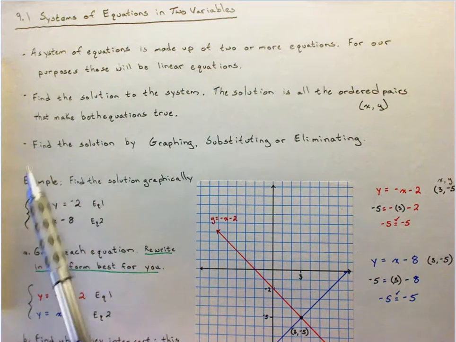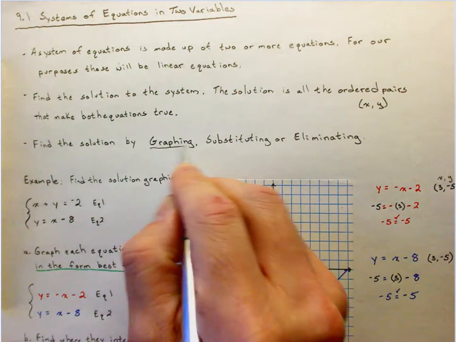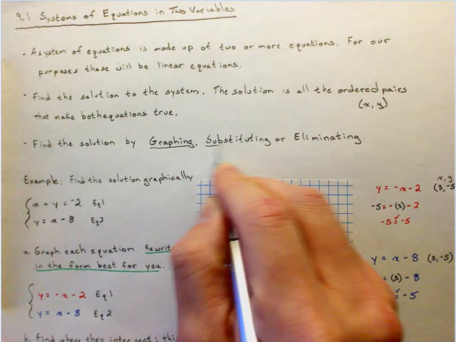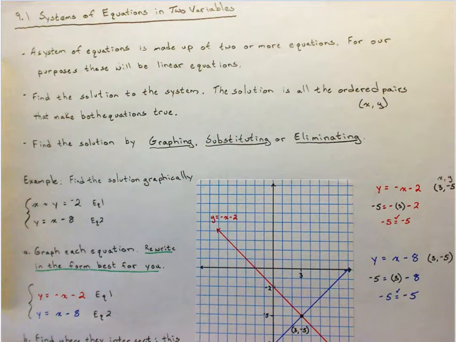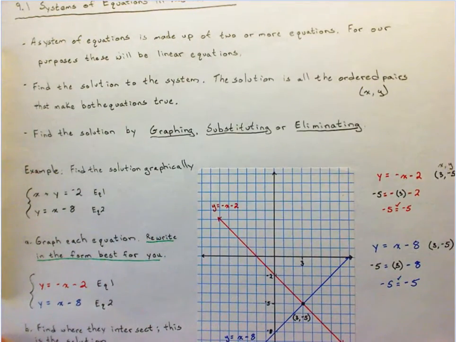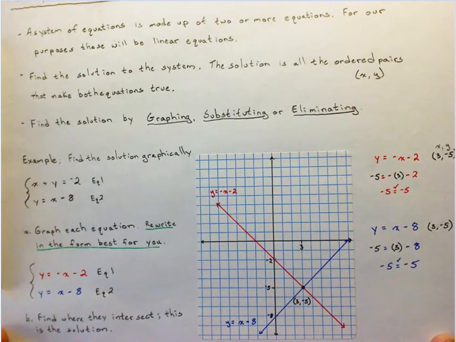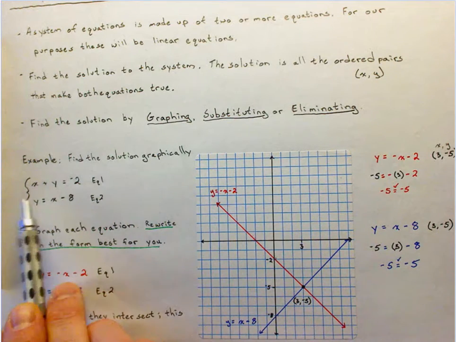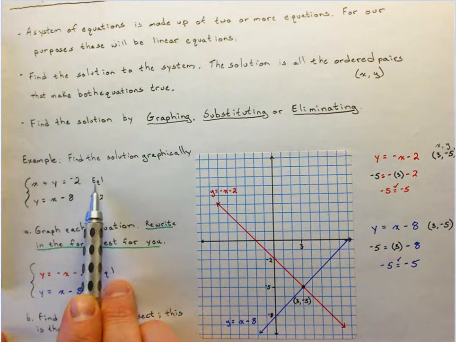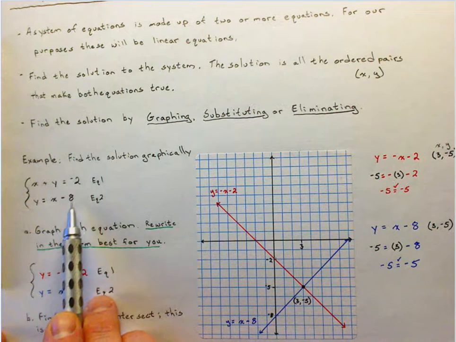You can find the solution to a system of equations by graphing, substitution, or elimination. The first thing that we'll look at is graphing. In solving a system of equations using the graphical method, first you'll have your system of equations, and what we're looking at is just two equations.